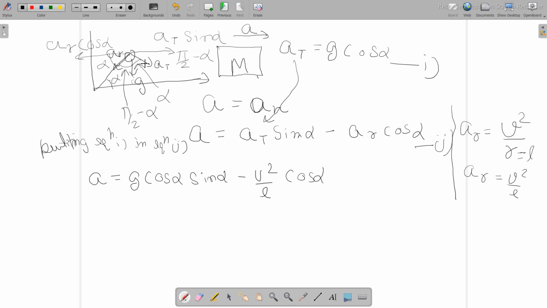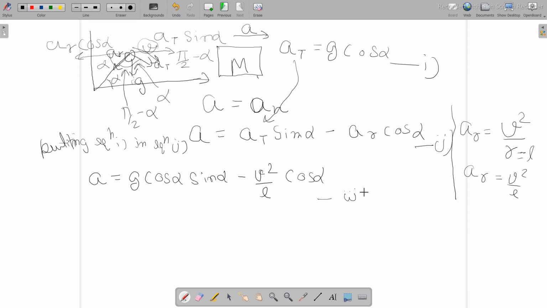And just in order to make you understand, I am indicating this v as this one. So now acceleration a is equal to this one. So this is our third equation.